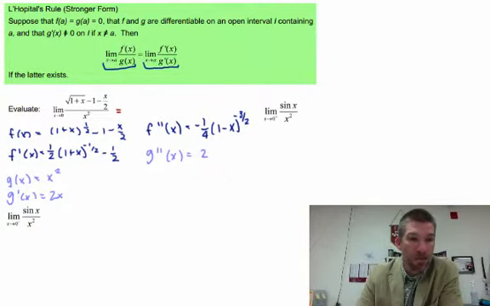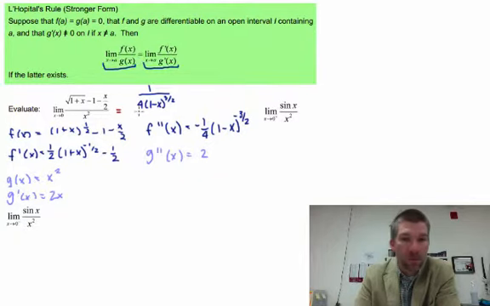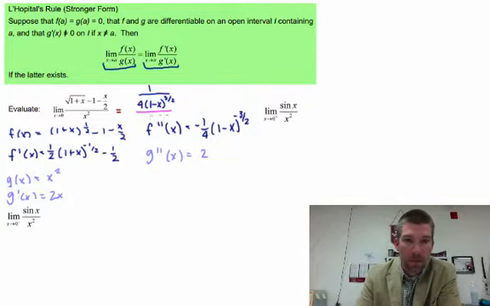All right? No problem. We'll do the limit process again. I'm going to write it a little bit differently this time: 1 over 4 times 1 minus x to the 3/2 power, all divided by 2. So now when I substitute in the 0, what happens? I get 1 over 4 times 1 minus 0 to the 3/2 power.